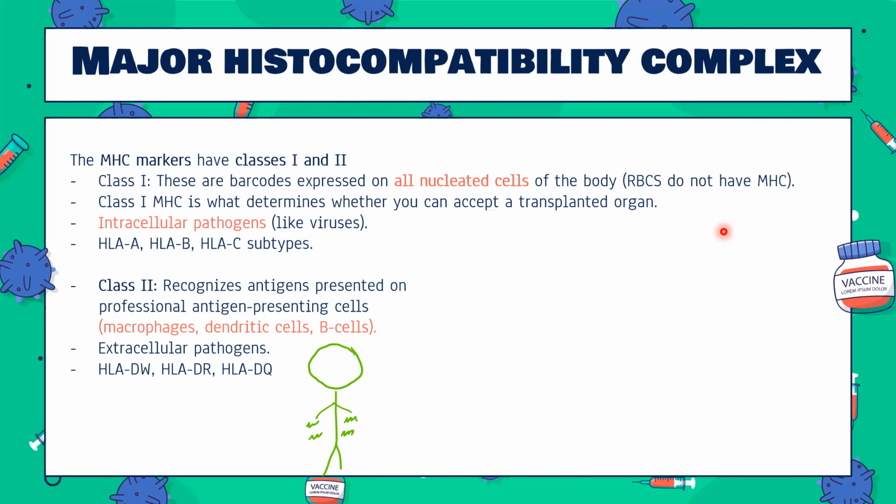Because when I have it on every nucleated cell in my body, this is my barcode. If my barcode does not match up with someone else's barcode, they're going to immediately recognize this and be like, no, this isn't myself. This isn't what I should be seeing, right? Because this is what is normally there. This is what should always be there.